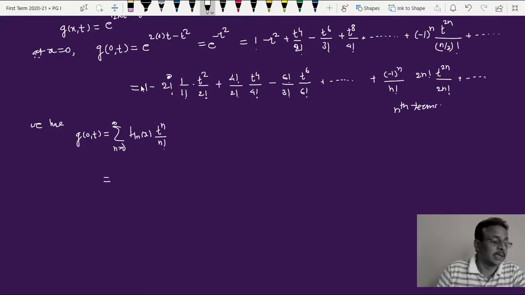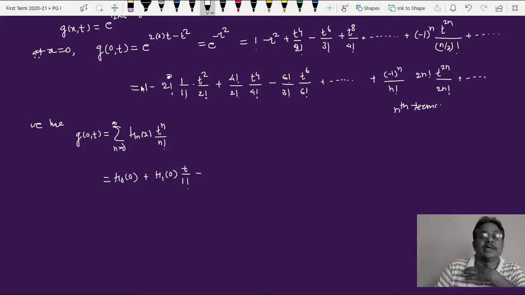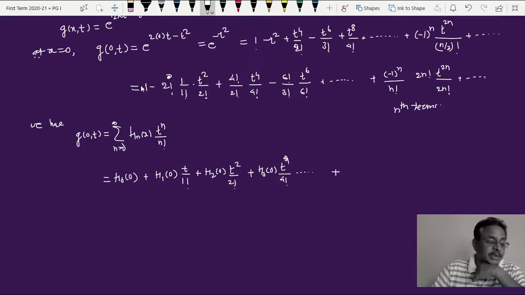Expanding this, I get H0 of 0 plus H1 of 0 into t upon 1 factorial plus H2 of 0 into t square upon 2 factorial plus H3 of 0 into t raised to 3 upon 3 factorial plus H4 of 0 into t raised to 4 upon 4 factorial, and likewise the nth term, which is Hn of 0 t raised to n upon n factorial.